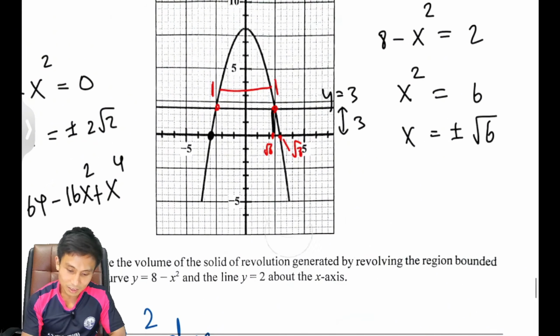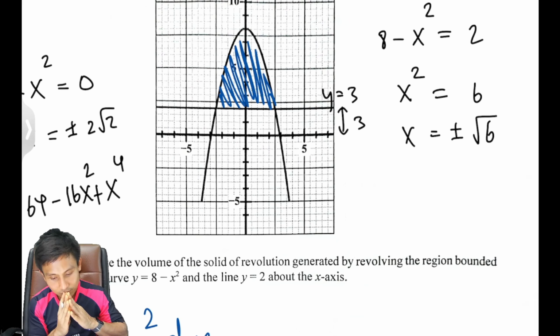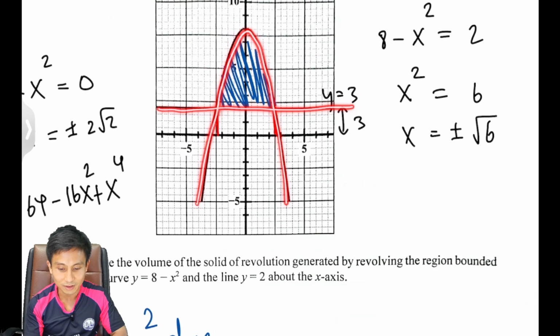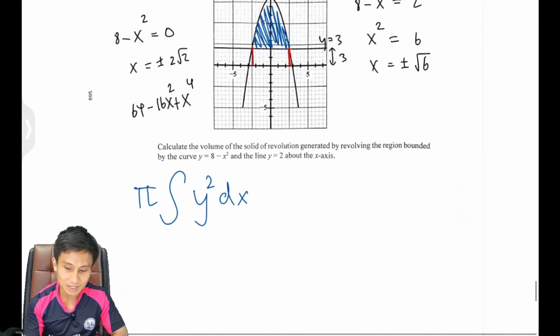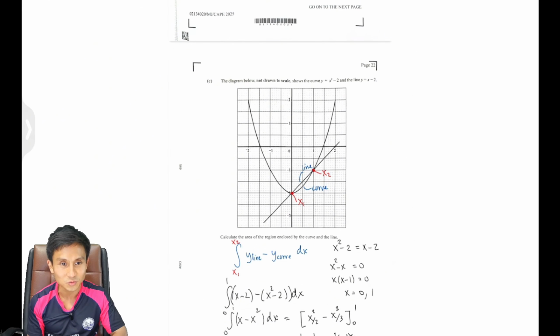But because this is just basically taking this area and revolving, to revolve that, you need to subtract the whole area of this guy with this line. So basically it's just the curve minus the line, and then you revolve. It's the same as the area I did in the other part, so the technique is the same as this one, right?